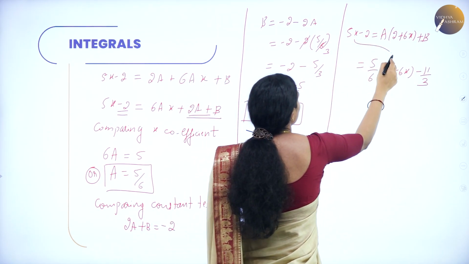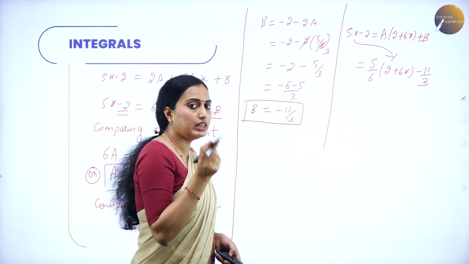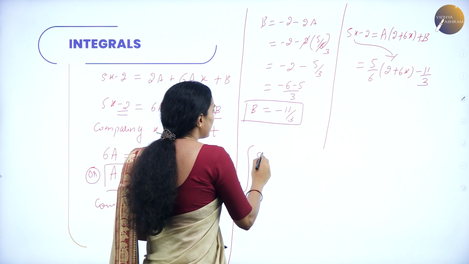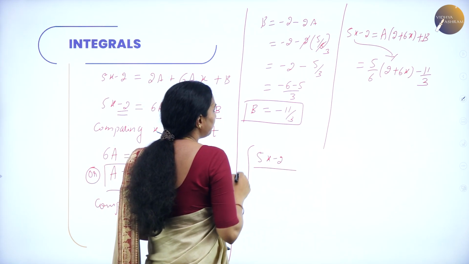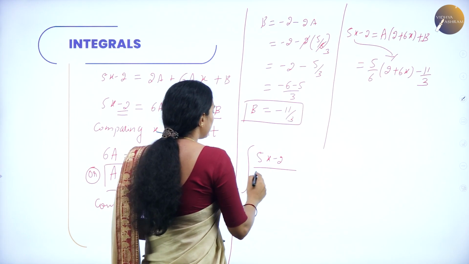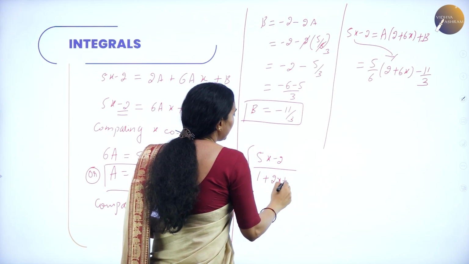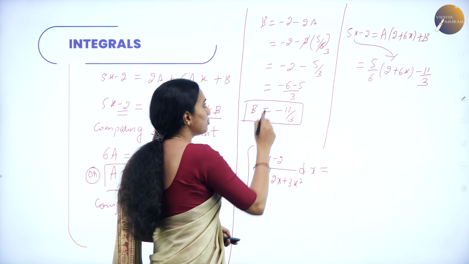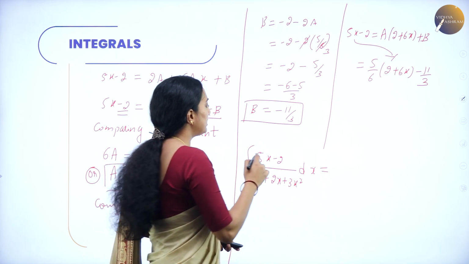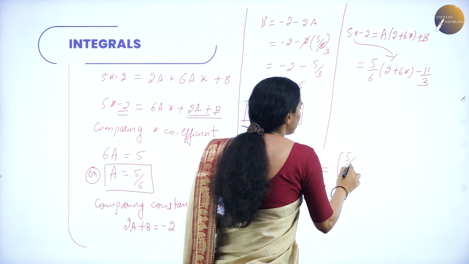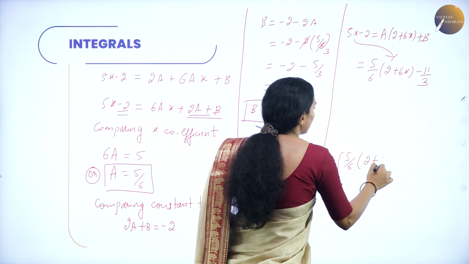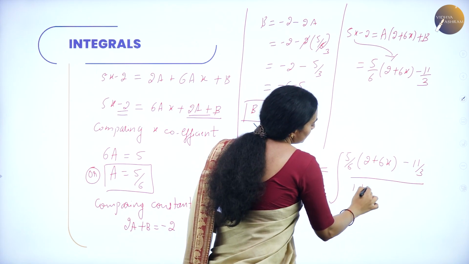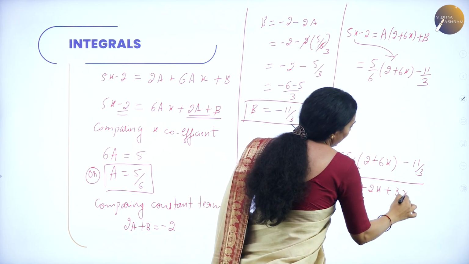So we substitute this 5x minus 2 in the given question. What was the question? The question was the integral of 5x minus 2 divided by 1 plus 2x plus 3x squared into dx, and 5x minus 2 is substituted as 5 by 6 into 2 plus 6x minus 11 by 3, divided by 1 plus 2x plus 3x squared into dx.